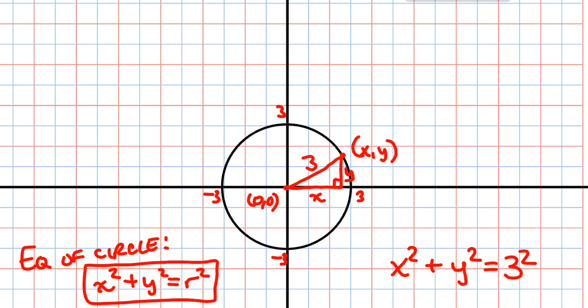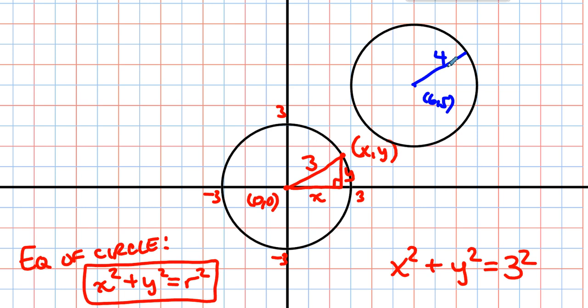But what if it's not? What if the circle is centered at 6, 5, and has a radius of 4?